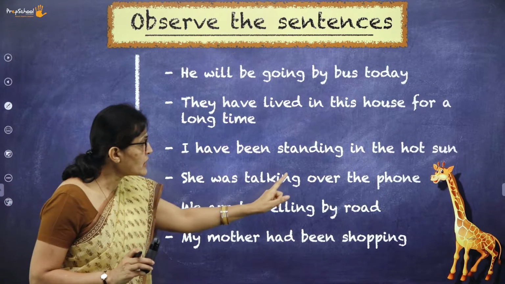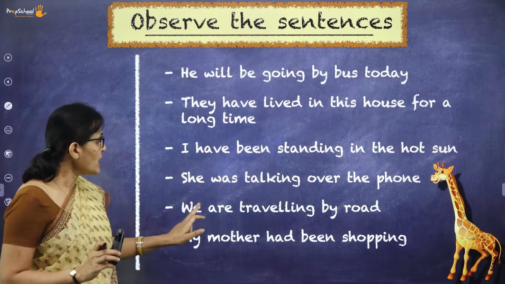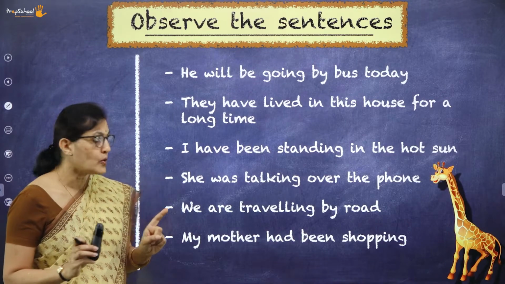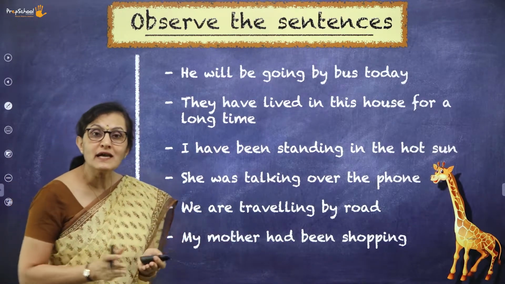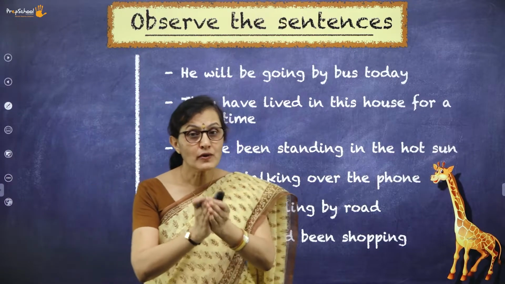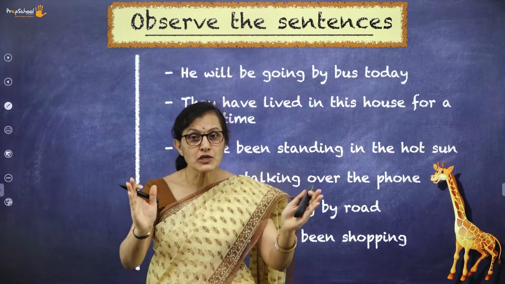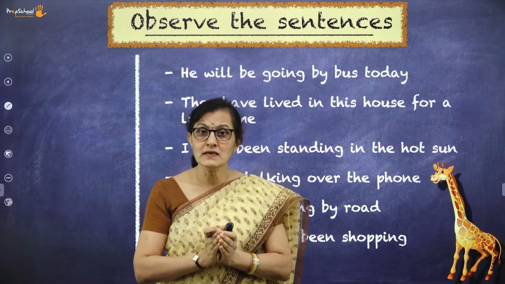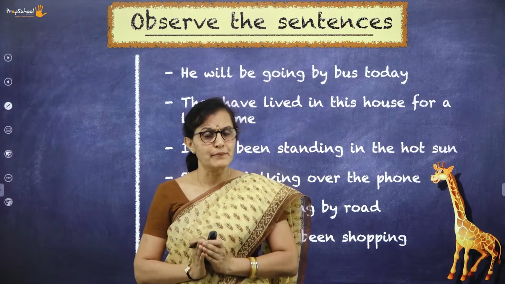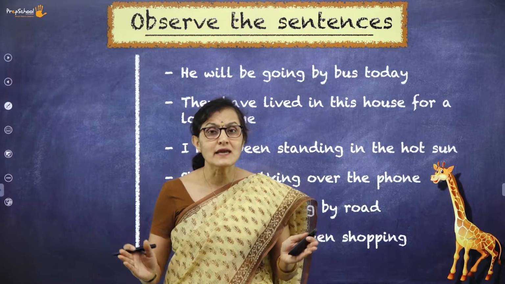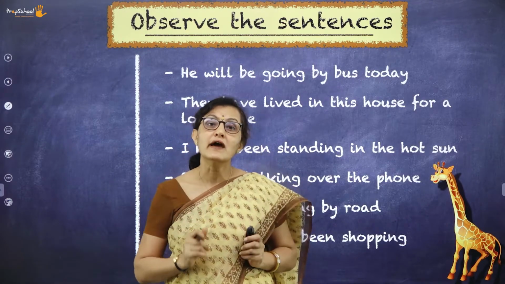She was talking over the phone. We are traveling by road. My mother had been shopping. What do you understand? You understand there is a subject in the sentence. You understand there is some action happening, and you also understand the time of the action.